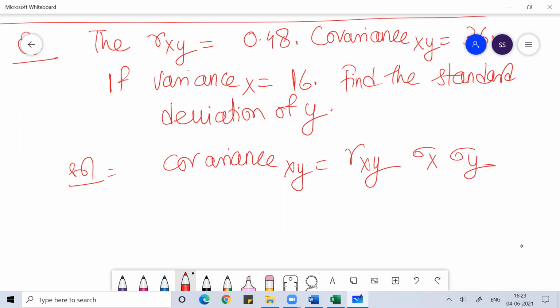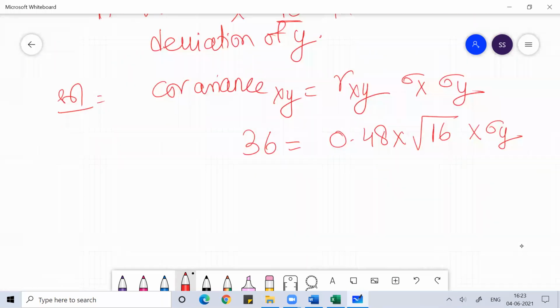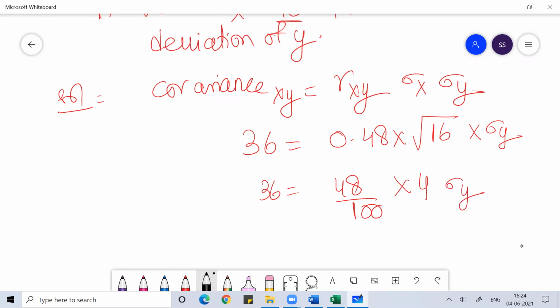The covariance is given 36, R is given 0.48, the variance of x is 16, so the standard deviation of x will be root 16, into standard deviation of y. So 36 equals 48 by 100 into root 16, which means 4, into standard deviation of y.